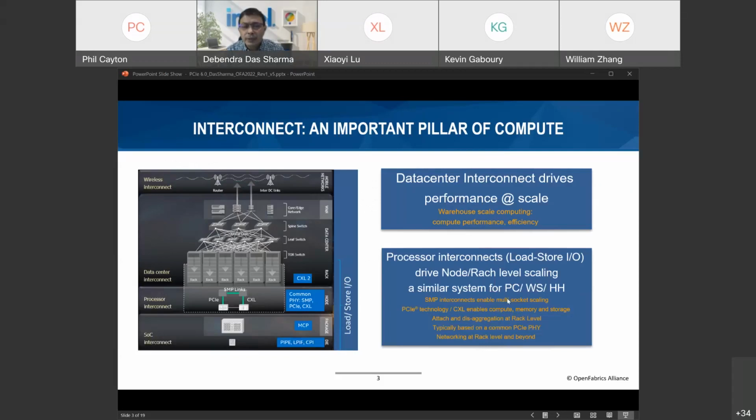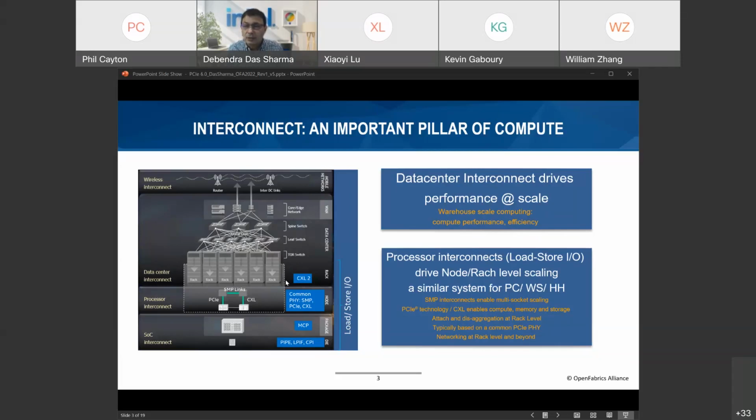So interconnect is an important pillar of compute. And I talked about this in the last OFA about how load store IO is effectively, today, at the node level. And with CXL 2 and going forward, it's getting into the rack level, right? So fundamentally, the physical layer for anything, whether it is coherent links or PCIe by itself, or CXL, they all use PCIe 5.